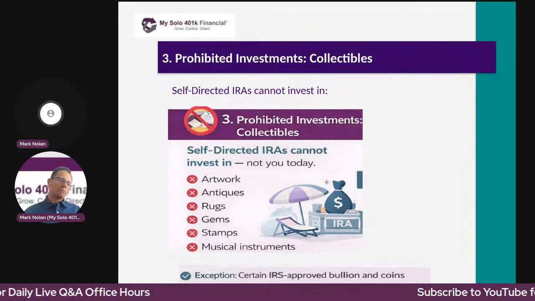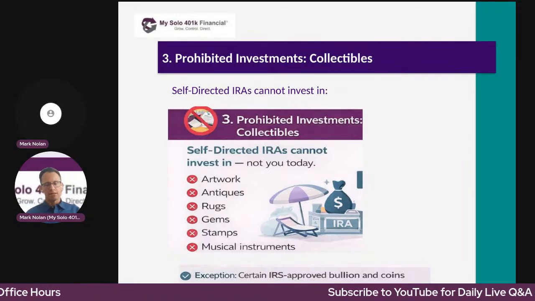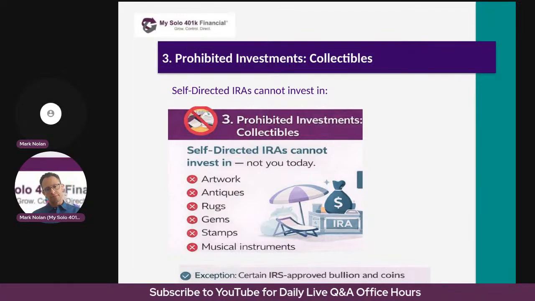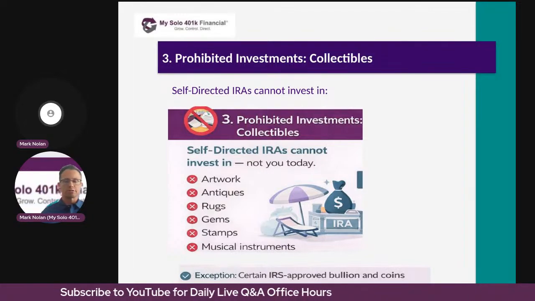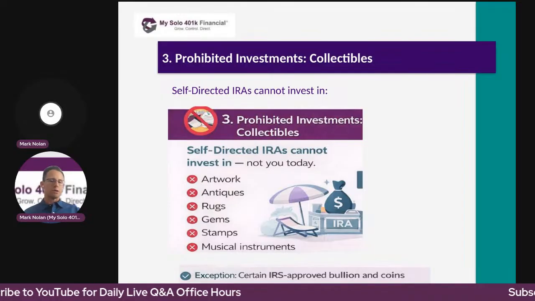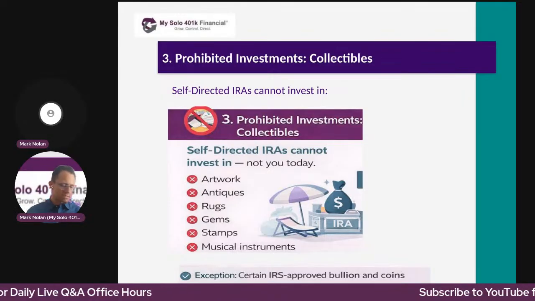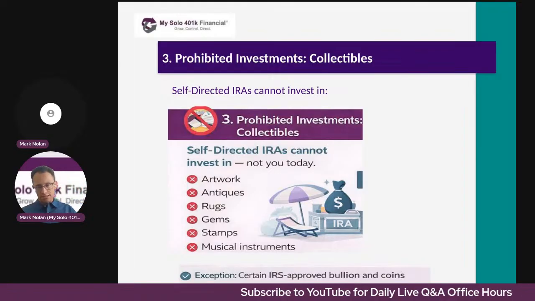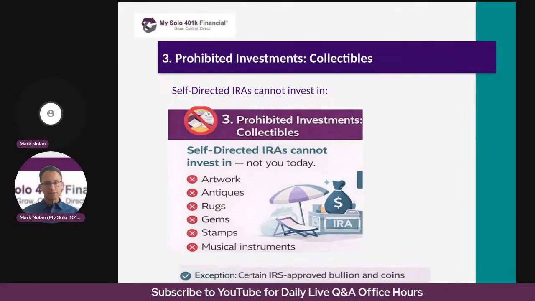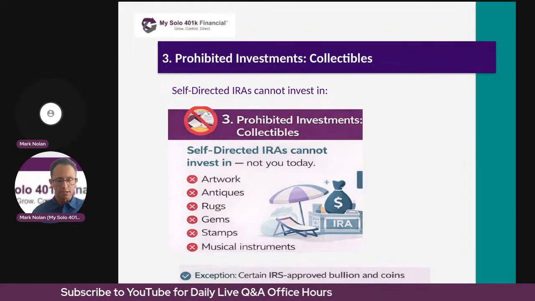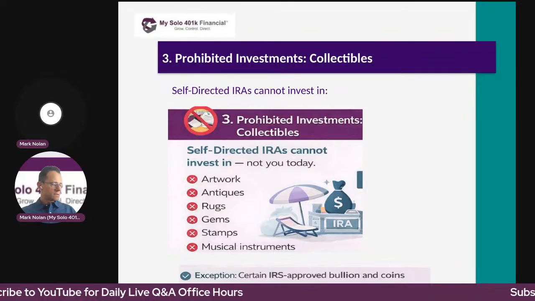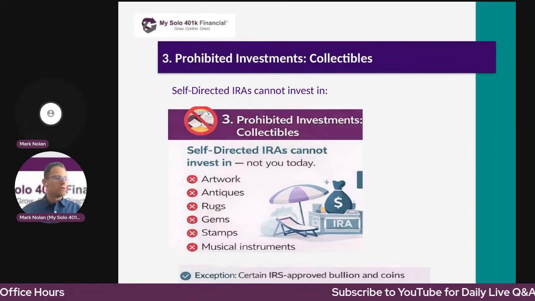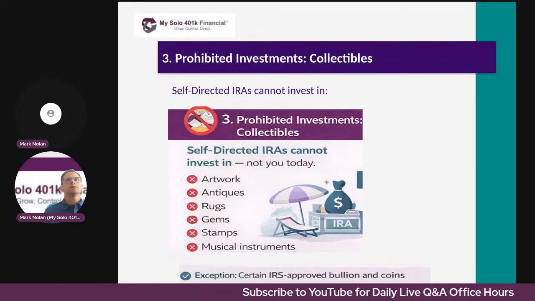For example, a common investment in metals are American Eagle coins, whether they're silver or gold. Those are allowed self-directed IRA and even self-directed solo 401k investments. And we have seen an uptick in those types of investments in the last couple of years due to the huge increase in both gold and silver prices.